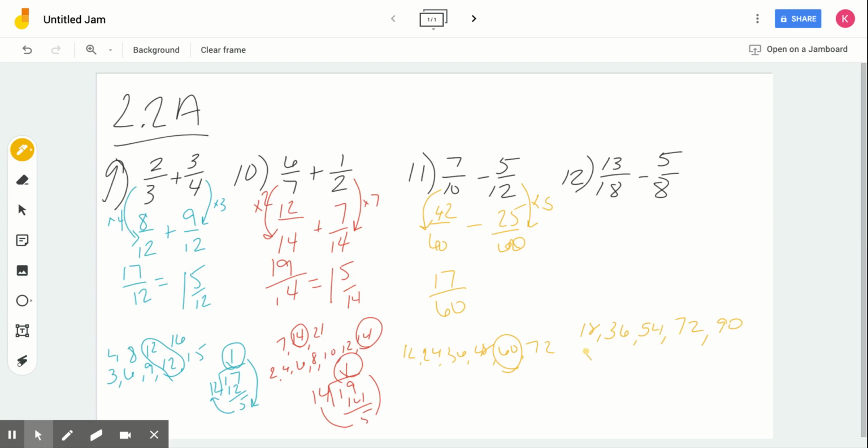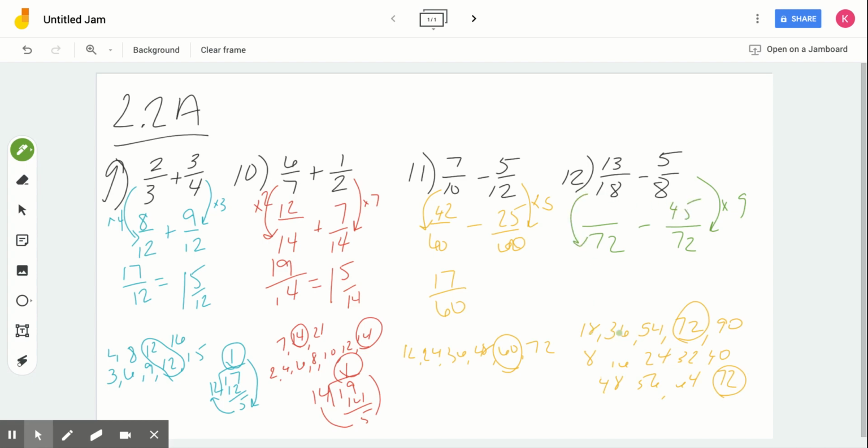And then we can count by eights: 8, 16, 24, 32, 40, 48, 56, 64, 72, and then we can see 72 is a number they both have in common. So both of these are going to have a denominator of 72. 8 times 9 makes 72, and 5 times 9 is 45.